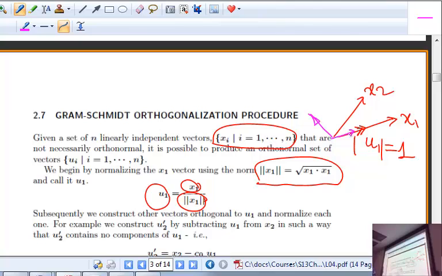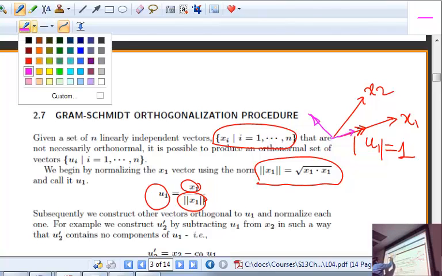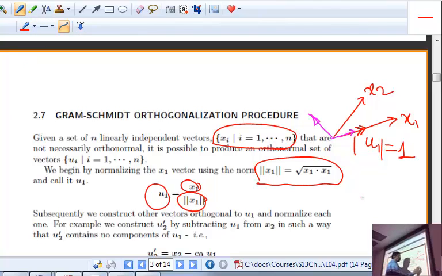So geometrically, are you following what is happening? You know u1, so along the direction of u1, from x2 I need to subtract. I'm going to take x2, and from that I need to subtract the component of x2 in the u1 direction.